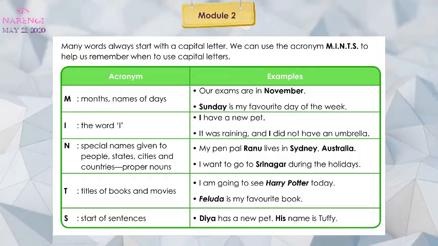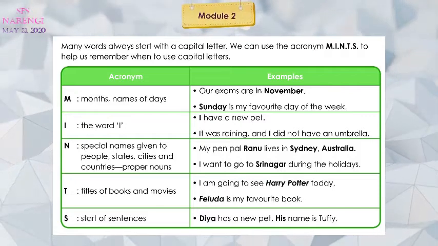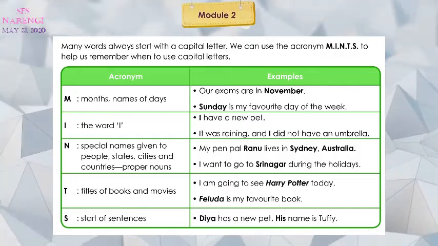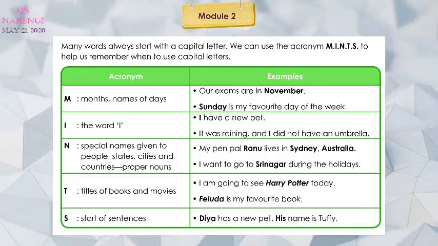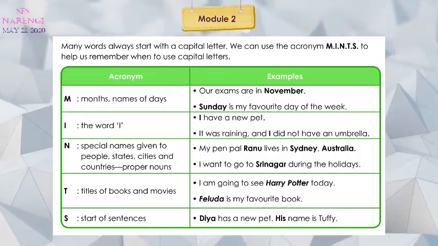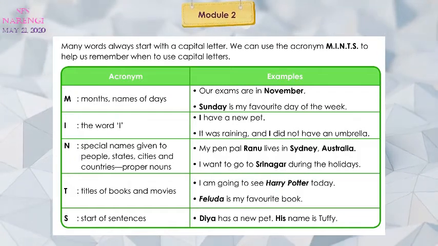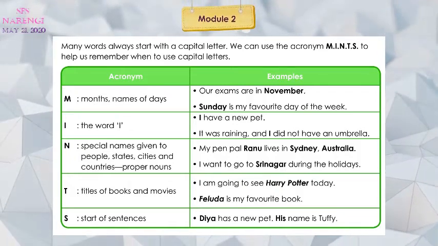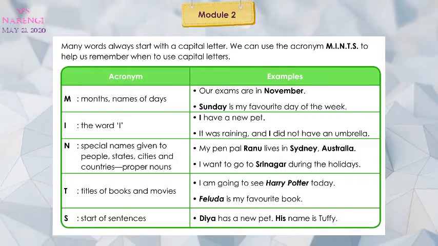So come to the word I. I is a pronoun and it is written as a capital letter wherever it may be in the sentence. So let's look at the 2 examples that we have here. I have a new pet. Here I, as the first letter of a sentence, is capital.